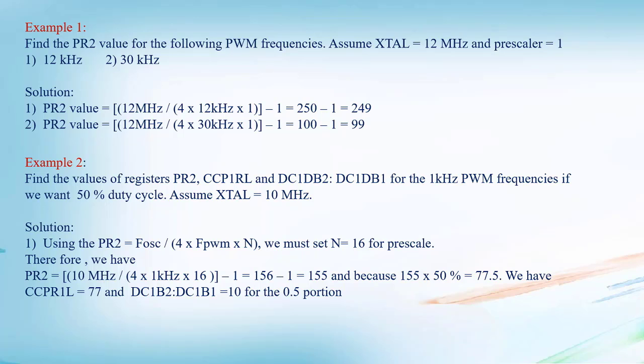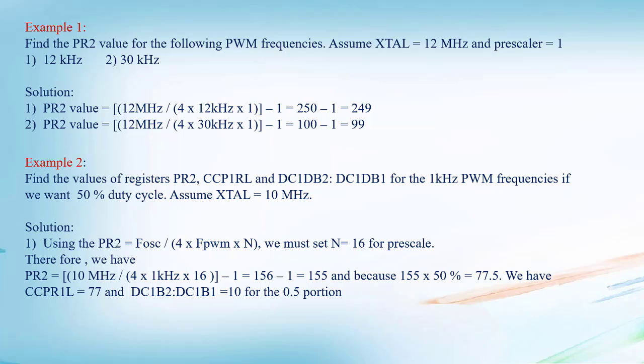Next example. Find the values of registers PR2, CCPR1L and DC1B2:DC1B1 for a 1 kHz PWM frequency if you want a 50% duty cycle. Assume XTAL equals 10 MHz. Using PR2 equals FOSC divided by 4 multiplied by PWM frequency into N, we must set N equals 16 for the prescale.